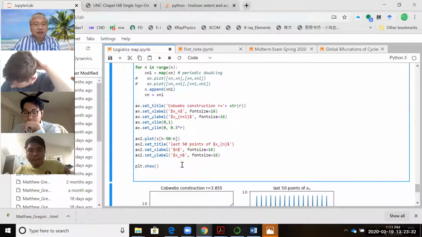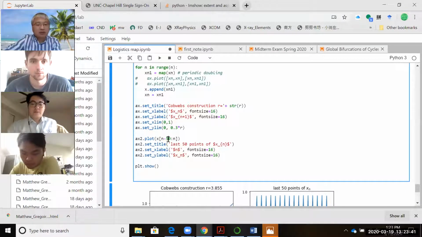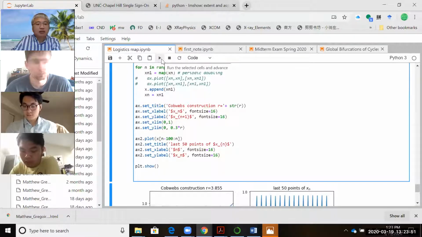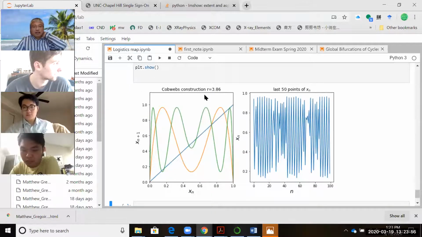Let's plot 100 points. You can see this is at 3.86.